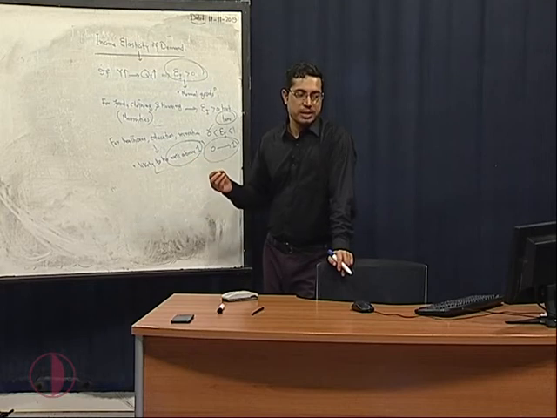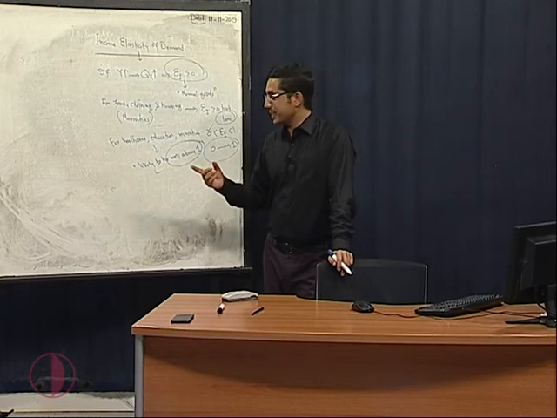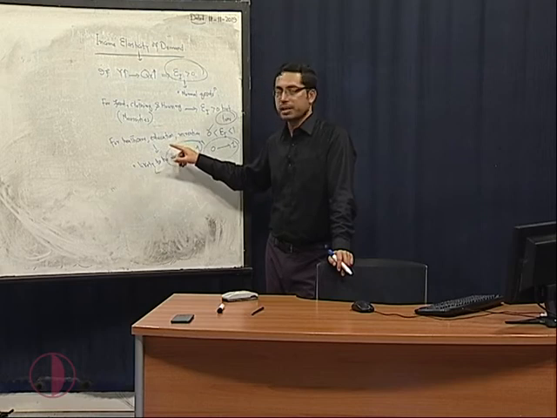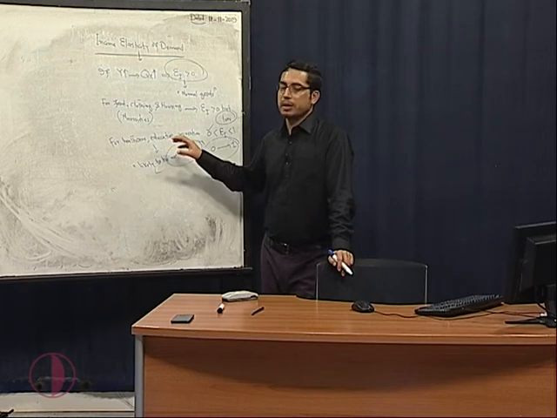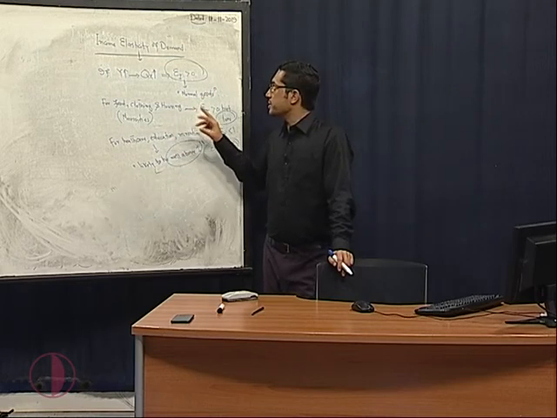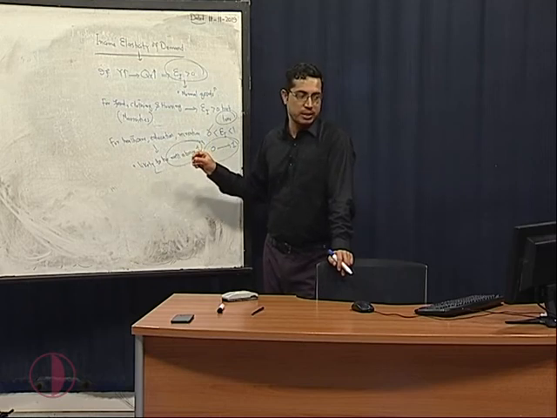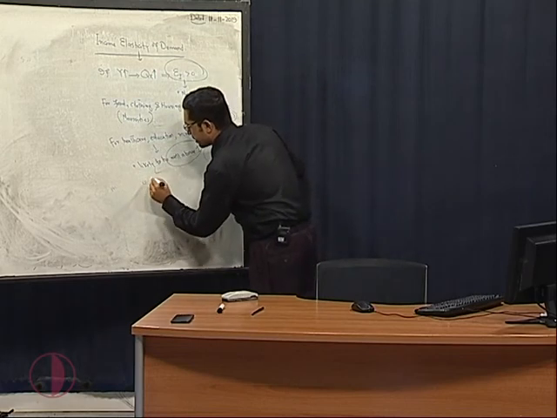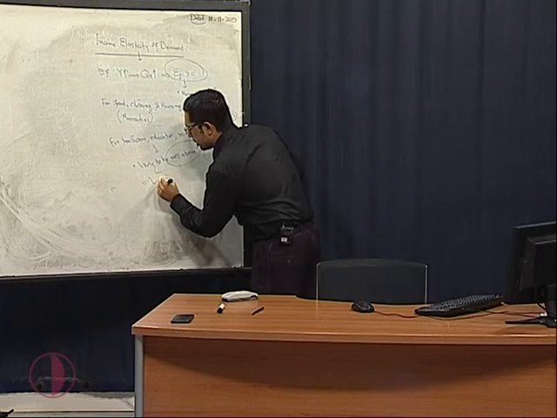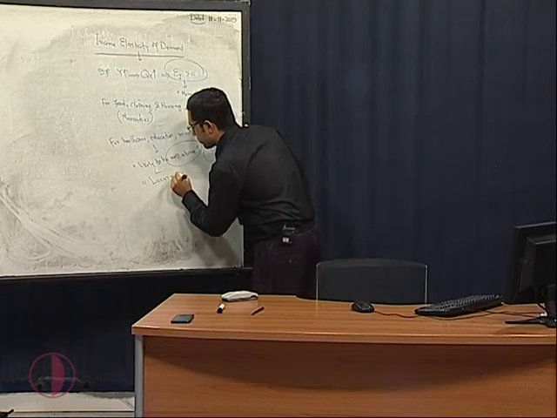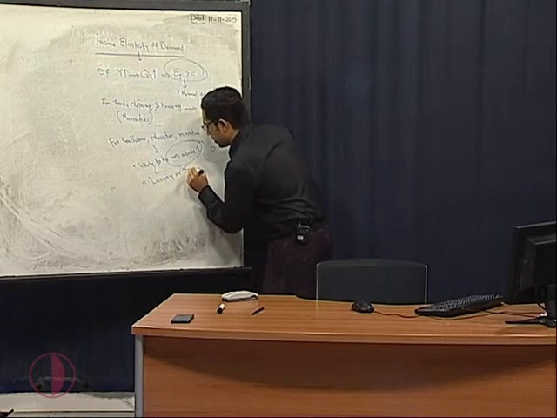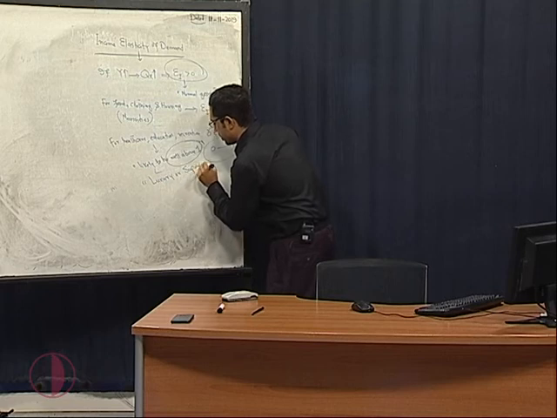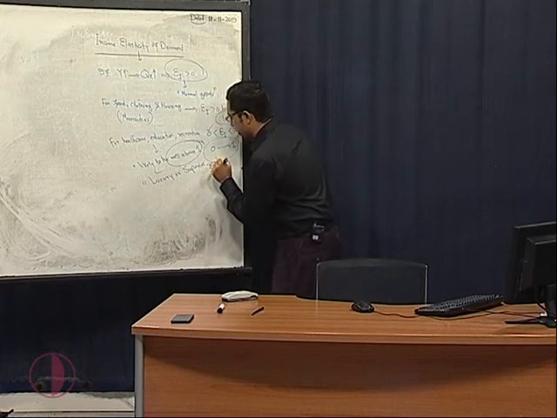So if income elasticity of demand for a commodity is greater than 1, like this case, so it is a luxury good or a superior good. That will be the case of luxury or superior good.